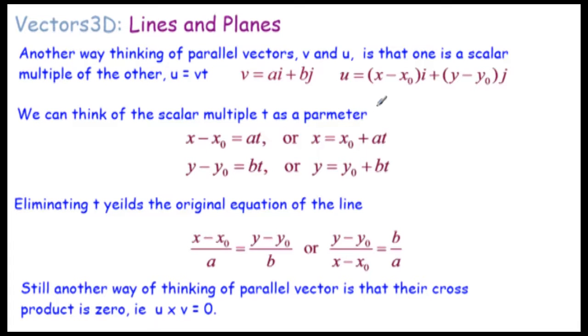So if u is equal to vt, then the coefficient of i, the x component here, x minus x0 must equal a times t.